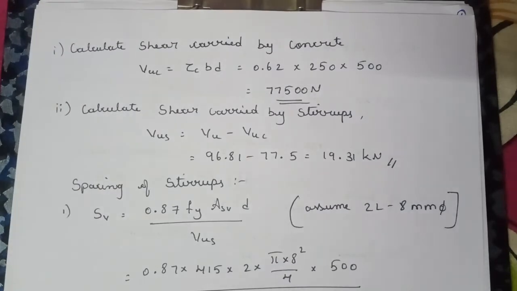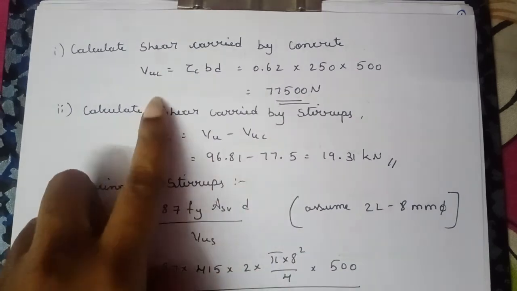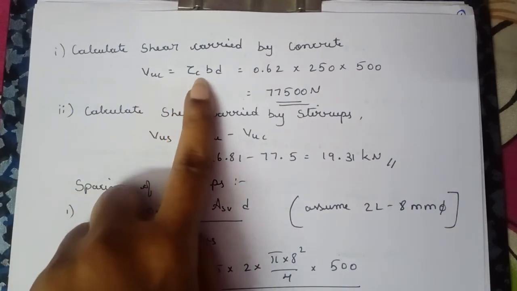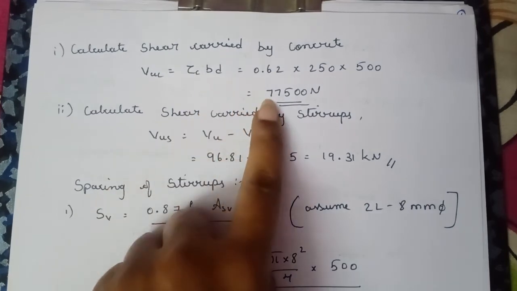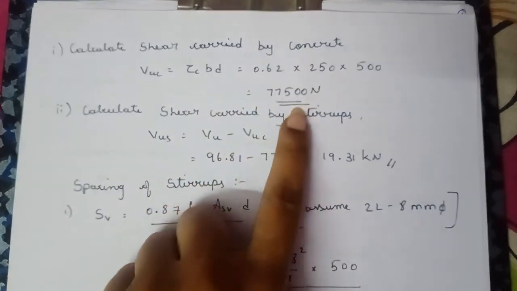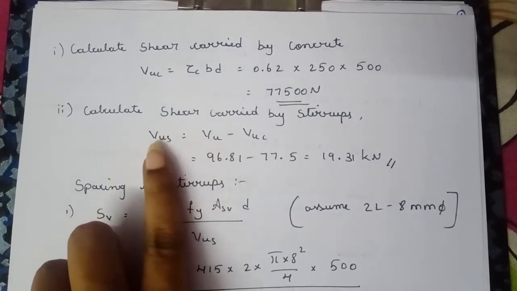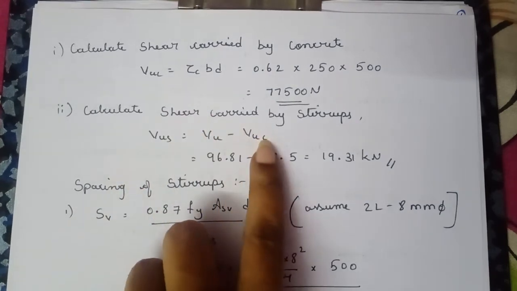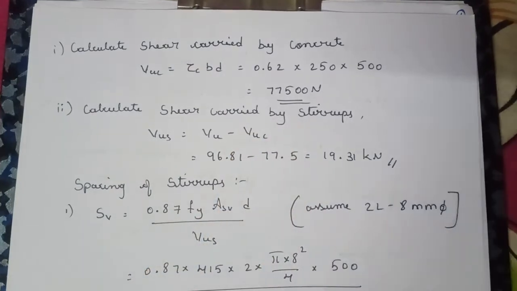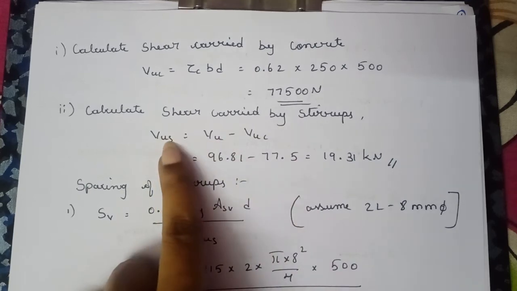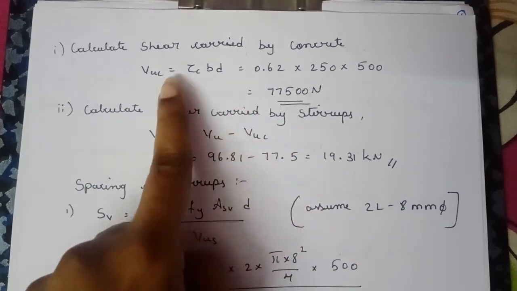So here is the calculation. First we need to calculate how much shear force the concrete can take up. VU will represent shear force, C represents concrete. Tau C into BD will give you the shear force taken up by the concrete. Next, the total VU will be taken by both steel and concrete, right? S represents steel, C represents concrete, I told you.